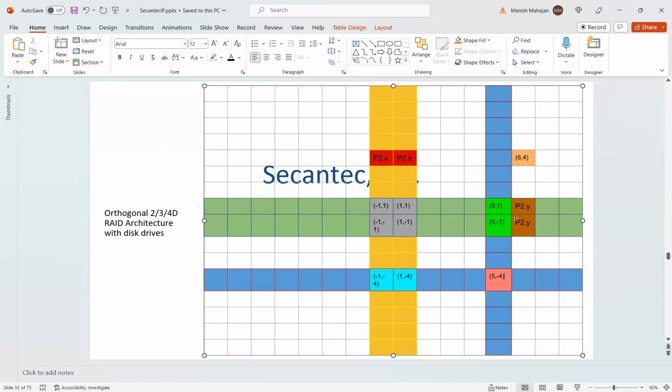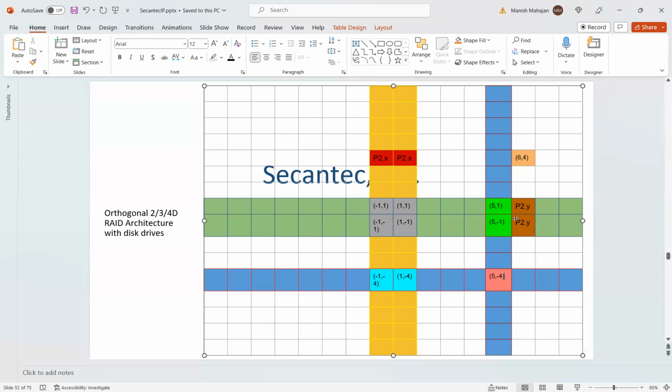Now, if there are 4 drive failures or 5 drive failures, then each of the drives beyond 2, the third drive, fourth drive, fifth drive, can go into the orthogonal axis and get themselves reconstructed and come back, and then the 2 drives can get reconstructed in the current axis, the current dimension.